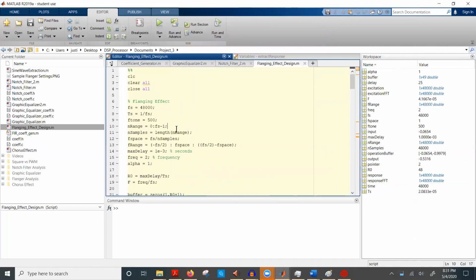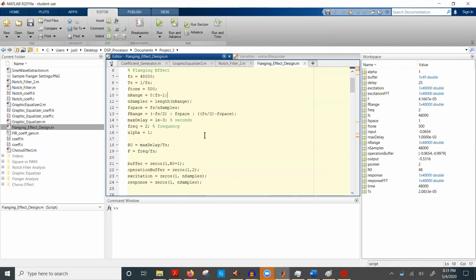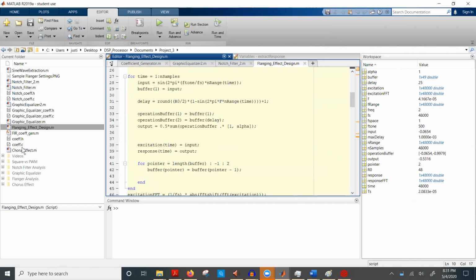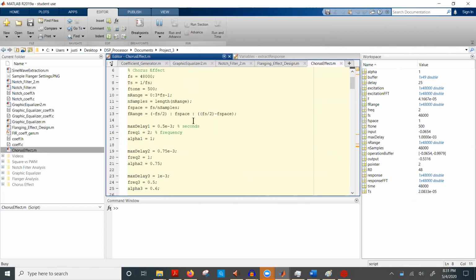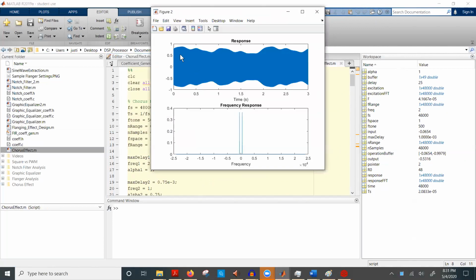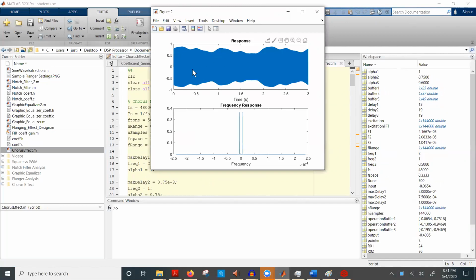And the chorus effect is fairly similar. It's just going to do it 3 times and add them together, so it looks wavy. So here, I'll quickly look at the chorus effect. So the chorus effect is the same thing, but now since you have 3 different modulations stacked on top of each other, they're all going to interfere with each other, so it's not going to look as smooth.